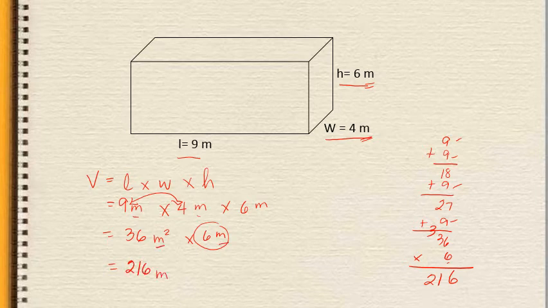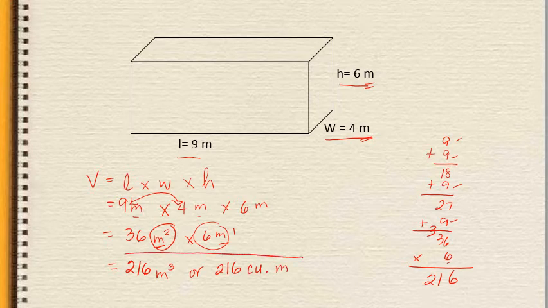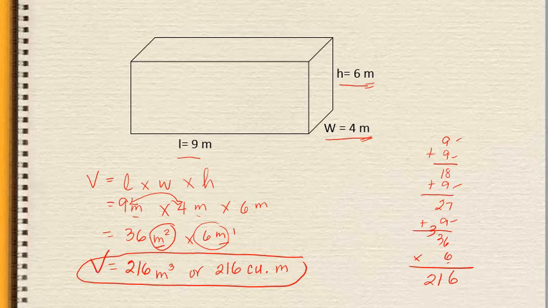So, kung kanina, meter squared pa lang, plus 1, magiging cubic meter or 216 cubic tuldok m. That is the same. Okay, so the volume is 216 cubic meter. Ganun lang kasimple ang pag-solve ng volume.